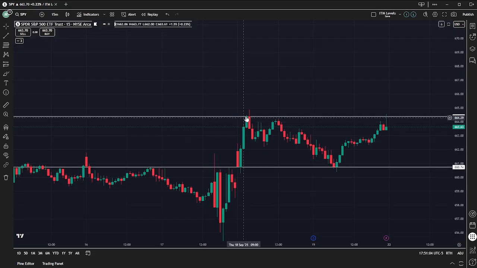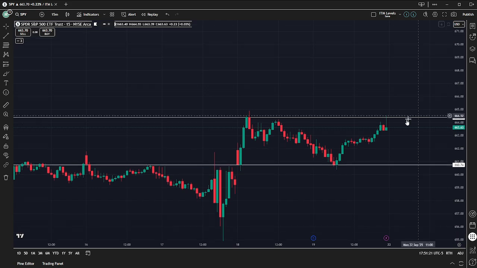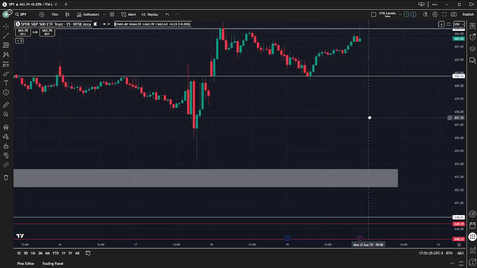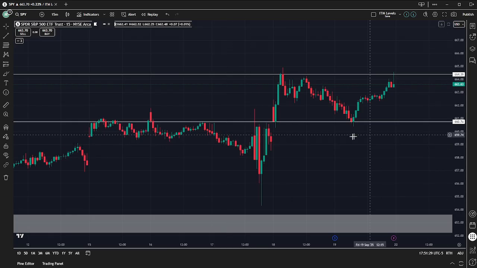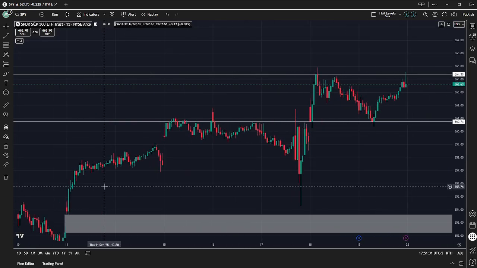This is going to be the first range I noticed, based off the price action from Friday and Thursday. Between we get the 15-minute close or 5-minute close, I would like the 15-minute close confirmation above 664.39 to continue upside, and likewise for the way downside, sit below 660.74. The 660.74, I might change up in a little bit depending on how I look at this previous price action beforehand.